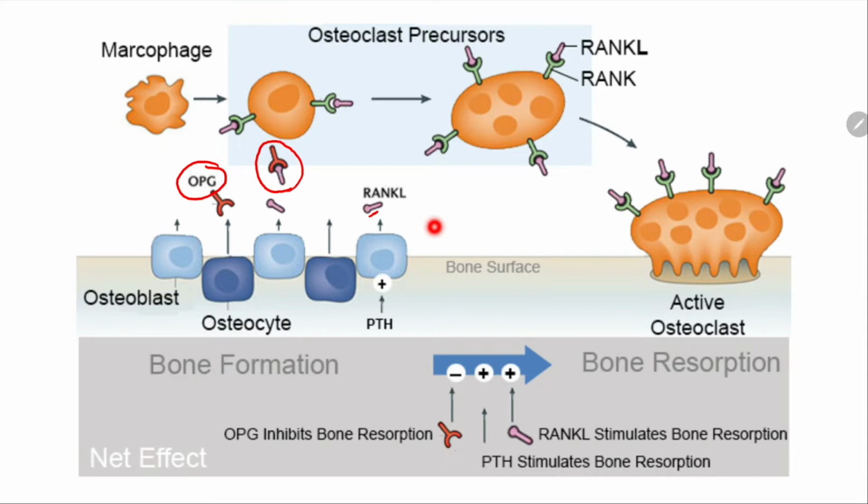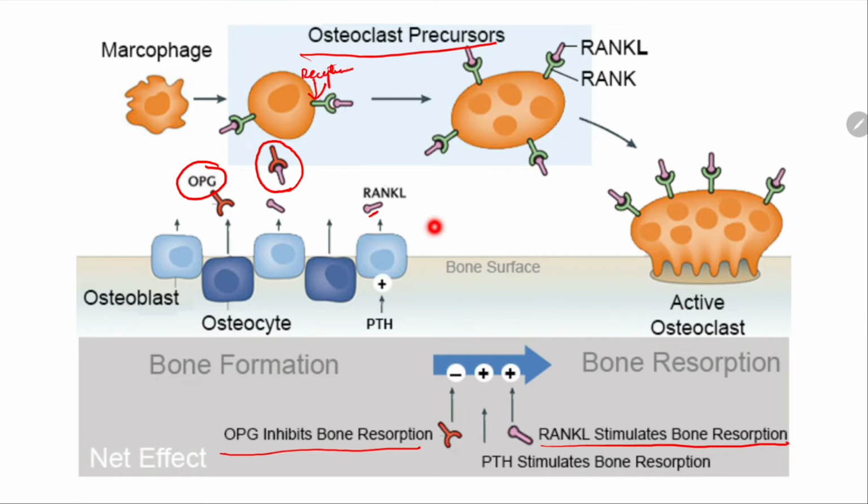If it has blocked it, it cannot bind to the osteoclast precursors and convert them into mature, active osteoclasts. So that's what you need to understand. OPG inhibits bone resorption by binding to the RANKL. RANKL stimulates bone resorption by binding to its RANK receptors. As you can see, these are the receptors on these osteoclast precursors.